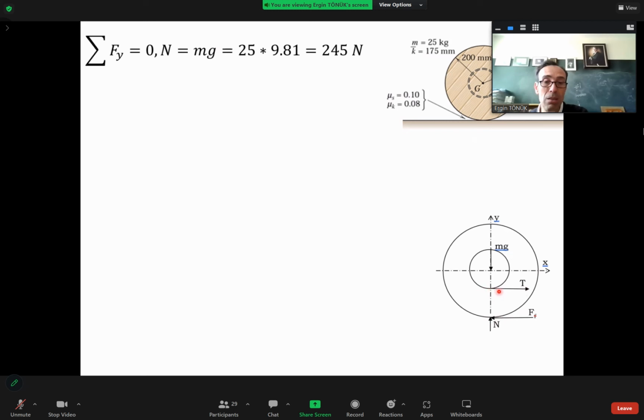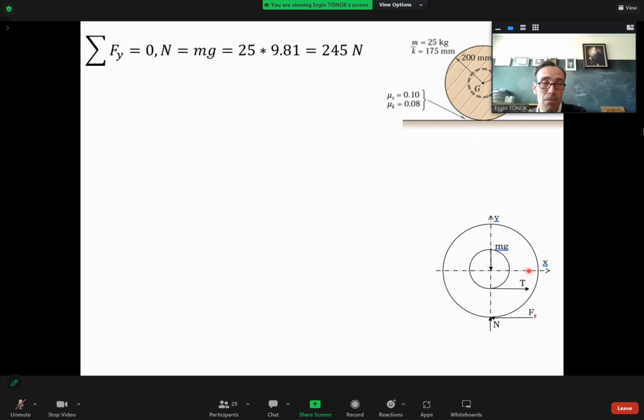If the moment is counterclockwise, the wheel would start rotating counterclockwise, and the friction force should try to prevent it. Again, it should be to the left.